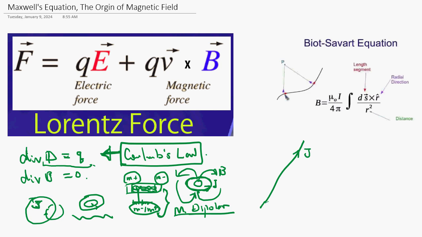Say we have a current J flowing, and that means electrons running this way, right? And you take this point and you have Q, say a positive ion, moving at the velocity v. Strange things happen.